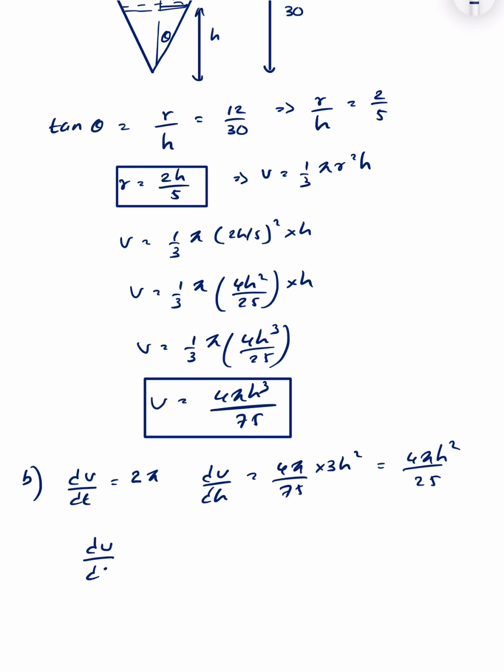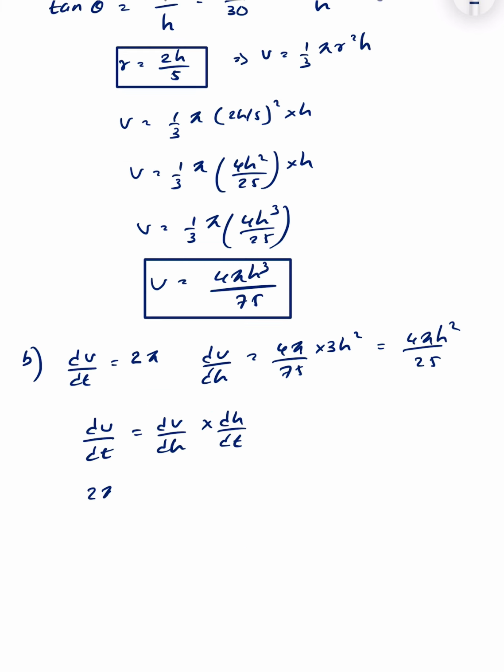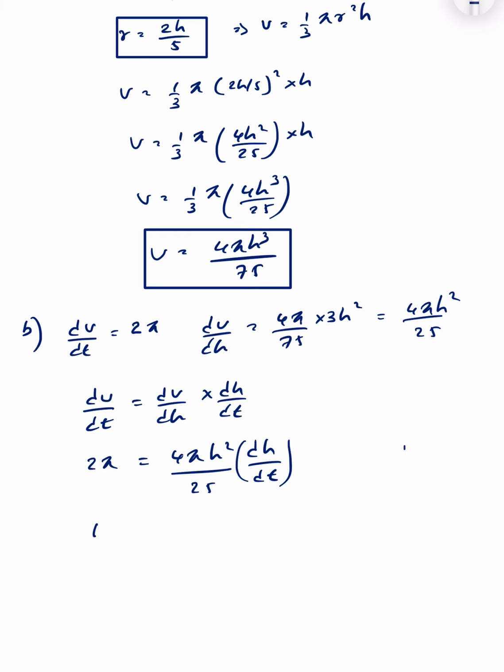So we can use the chain rule. dv by dt equals dv by dh times dh by dt. So 2 pi equals 4 pi h square over 25 dh by dt. So let's make this the subject. dh by dt would be 2 pi into 25 over 4 pi h square.